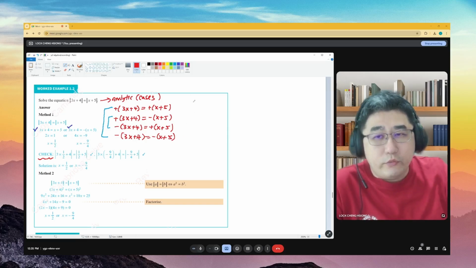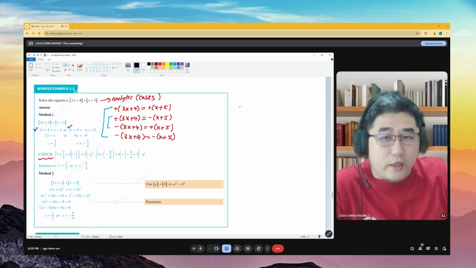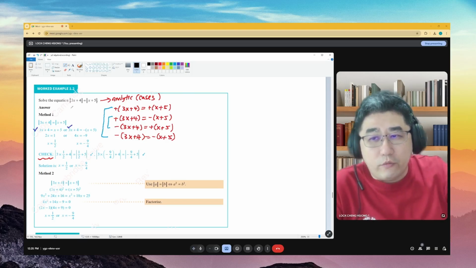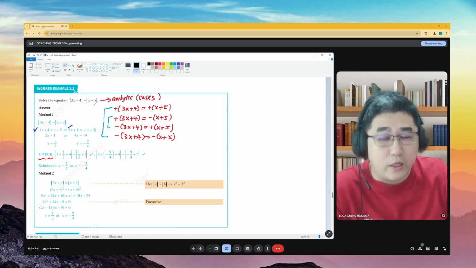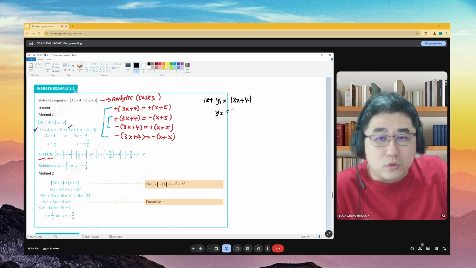So what if I want to look at it from the perspective of a graph? Therefore, you will need to know how to draw the modulus of 3x + 4 and the modulus of x + 5 graphs. Let y1 equal modulus of 3x + 4, and y2 equal modulus of x + 5.